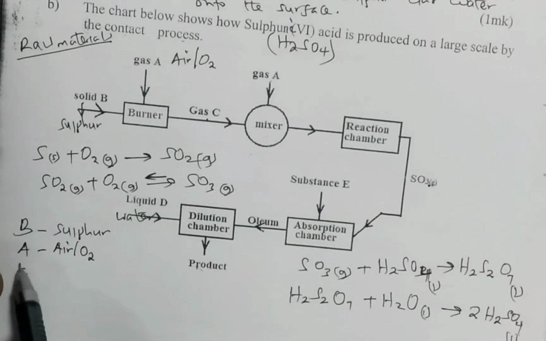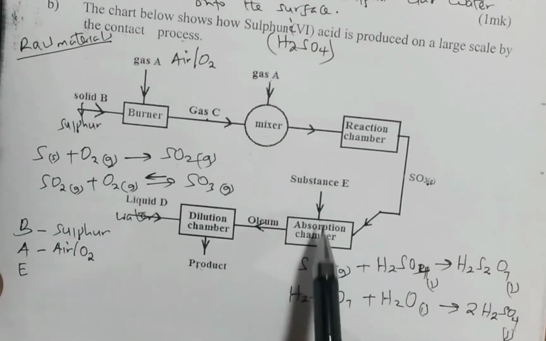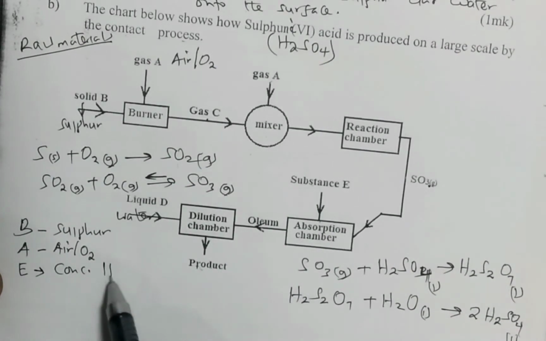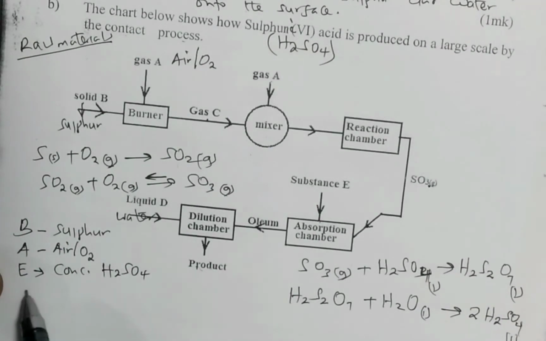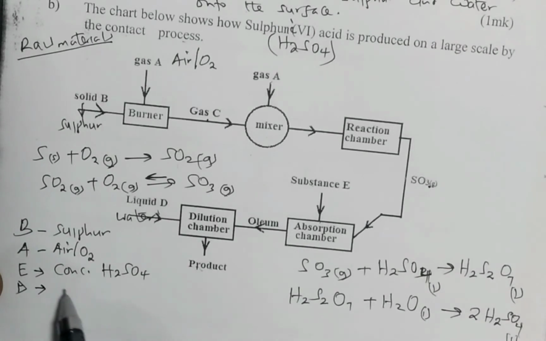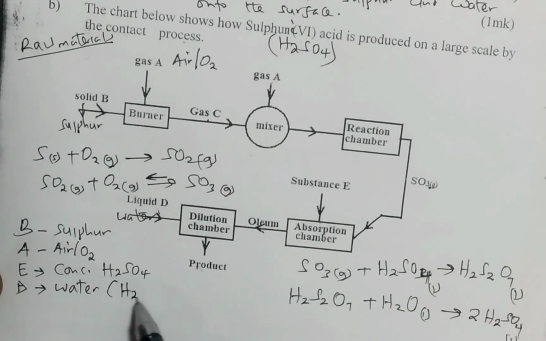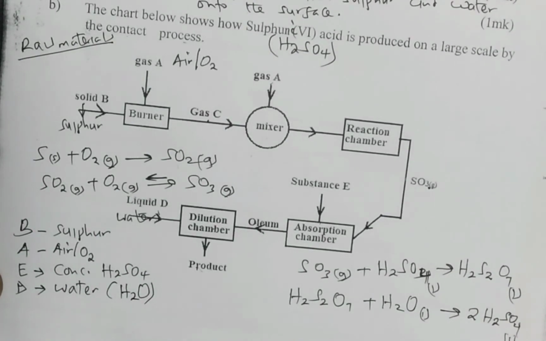Then we have substance E, which is concentrated sulfuric acid. I'm using the abbreviations because of the space. We also have liquid D, and liquid D is water, whose molecular formula is H2O.